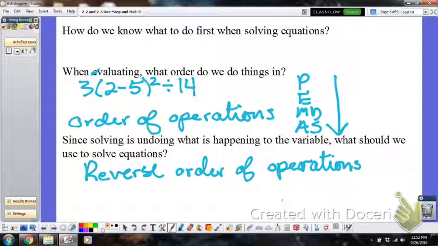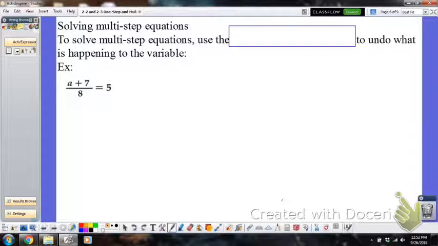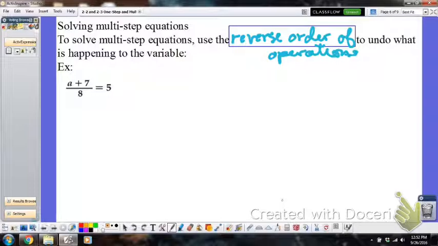So to solve multi-step equations, use the reverse order of operations to undo what is happening to the variable.